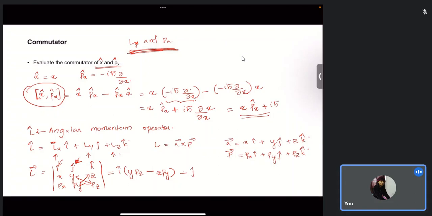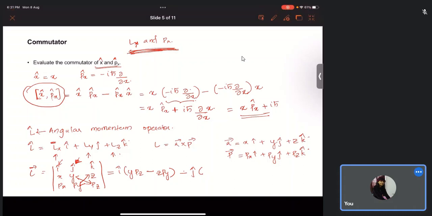So it's going to be minus j cap, x into pz minus z into px, plus k cap.